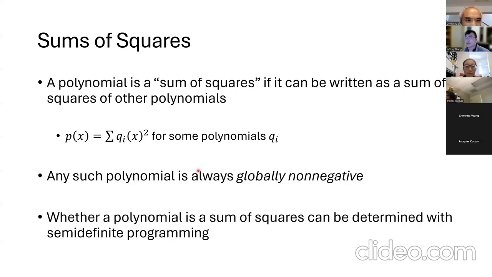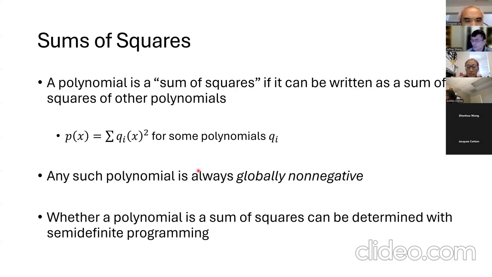There are really two things that make sum of squares of interest to the optimization community. It's easy to show that such a polynomial is always globally non-negative, of course, because you're adding a bunch of squared terms.